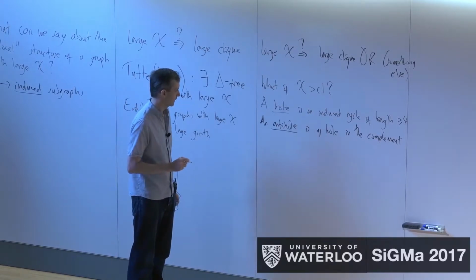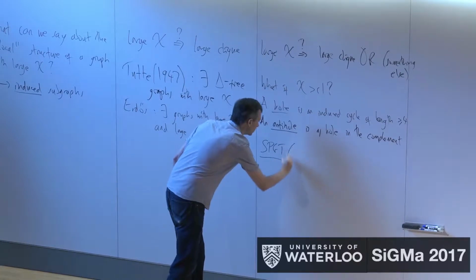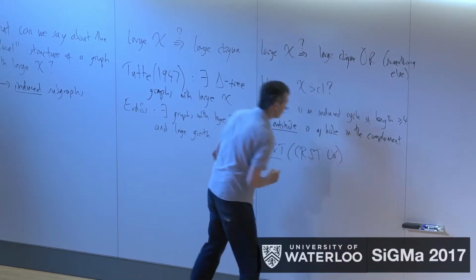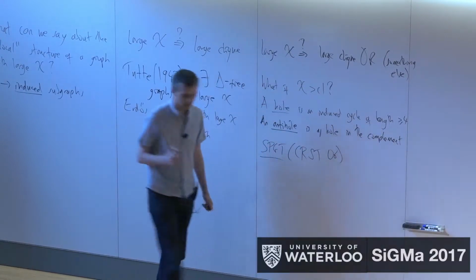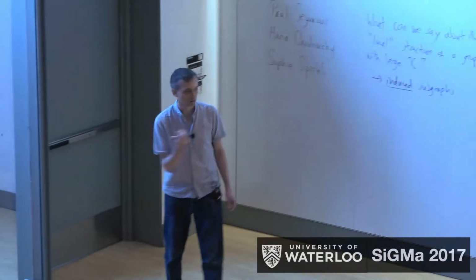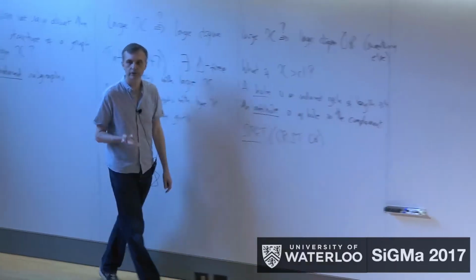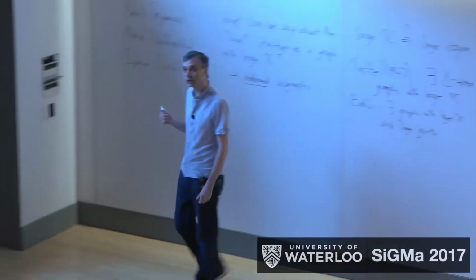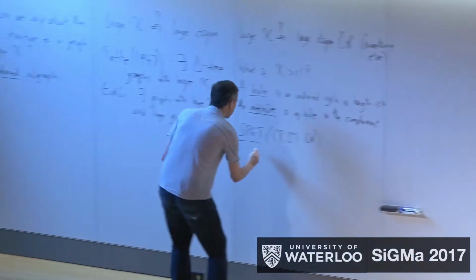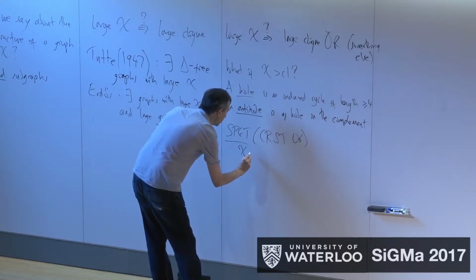And then the very famous strong perfect graph theorem, by Chudnovsky, Robertson, Seymour, and Thomas in 2006, says that if you have no odd hole and no odd antihole, where an odd hole means an induced cycle of odd length and an odd antihole is the complement of an odd hole, then the chromatic number and the clique number are the same.